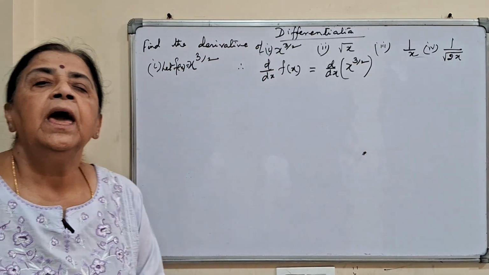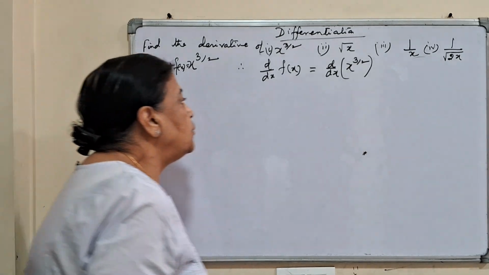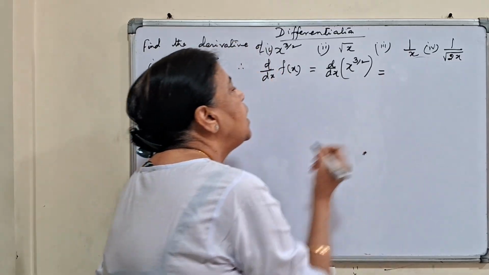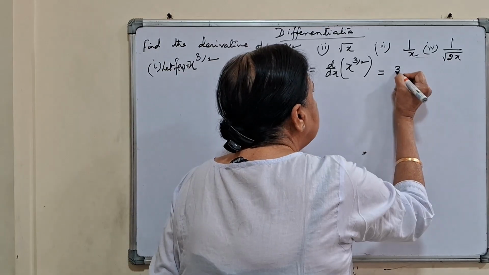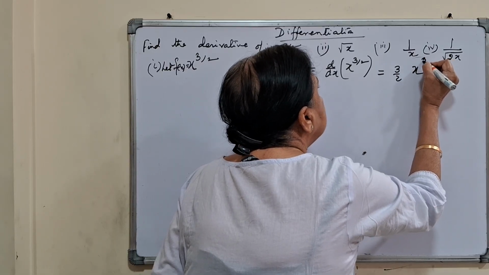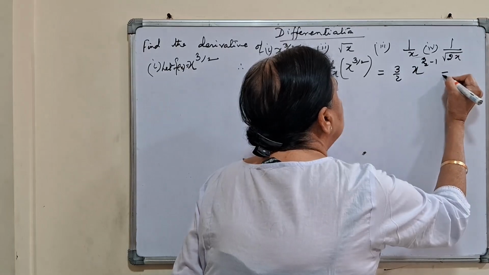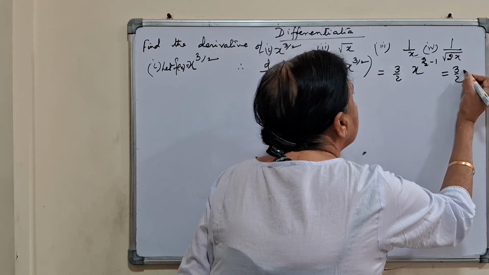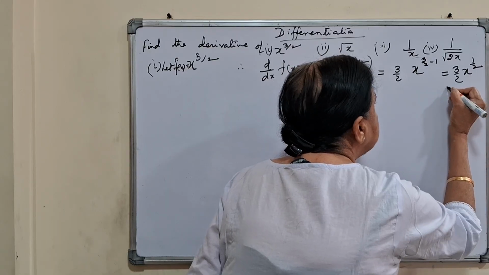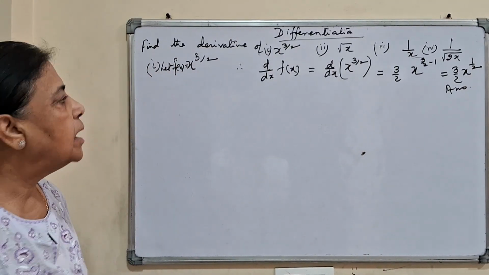The rule is that it reduces the power by 1. So we write 3 by 2 into x raised to the power 3 by 2 minus 1, that is equal to 3 by 2 x raised to the power half. This is the answer.